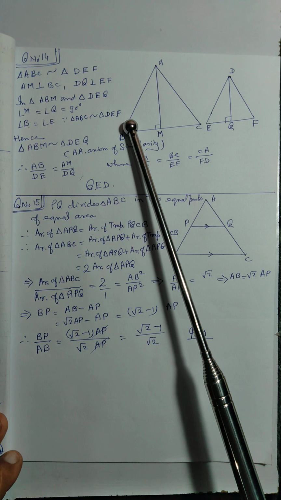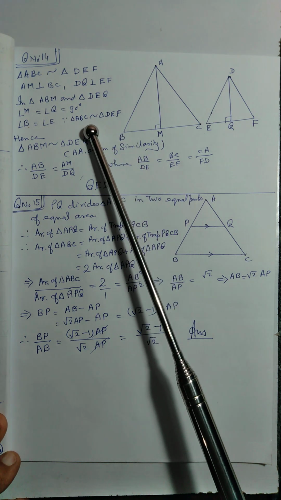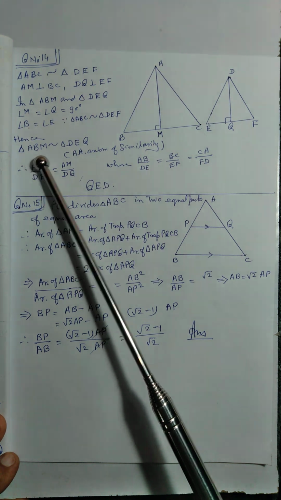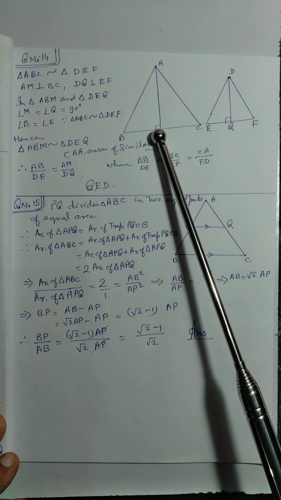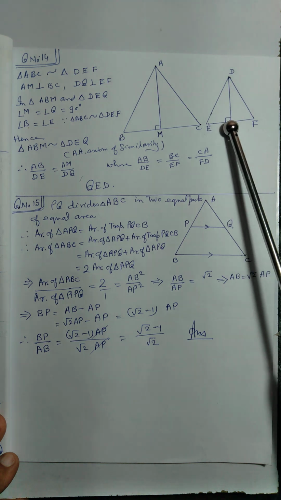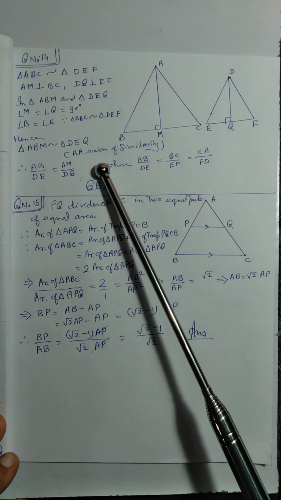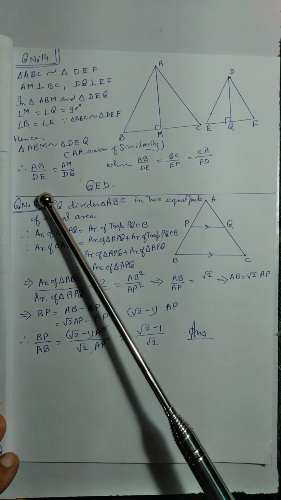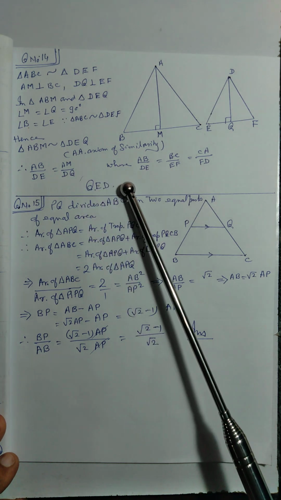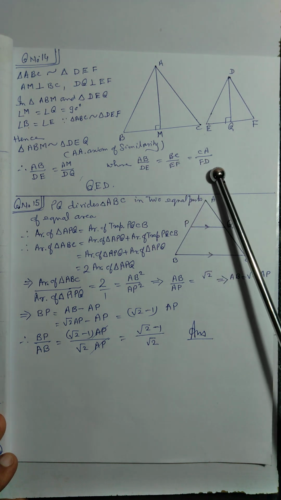It is already given that these two triangles are similar, so the corresponding angles must be equal. Hence, triangle ABM is similar to triangle DEQ by the AA axiom of similarity. So AB upon DE is equal to AM upon DQ, where AB upon DE is equal to BC upon EF is equal to CA upon FD.